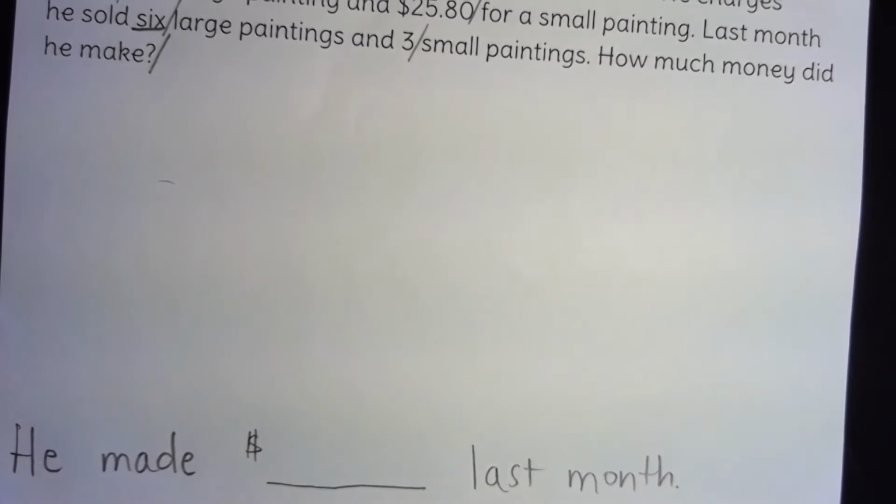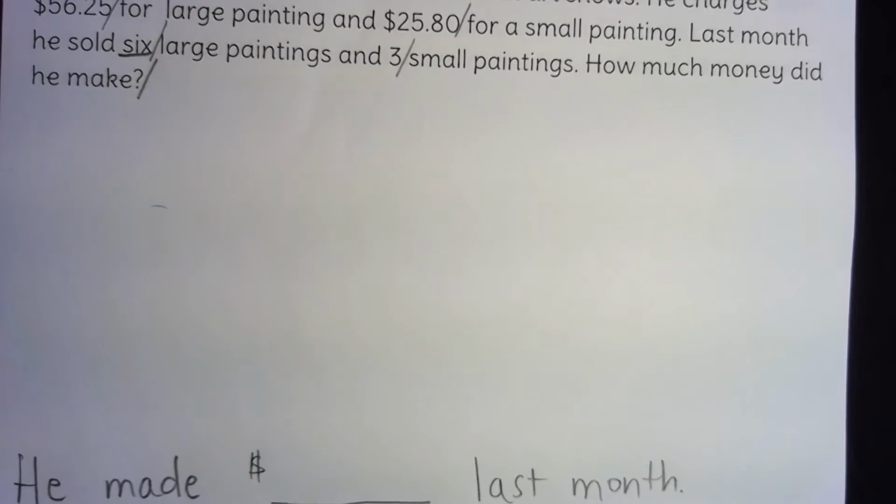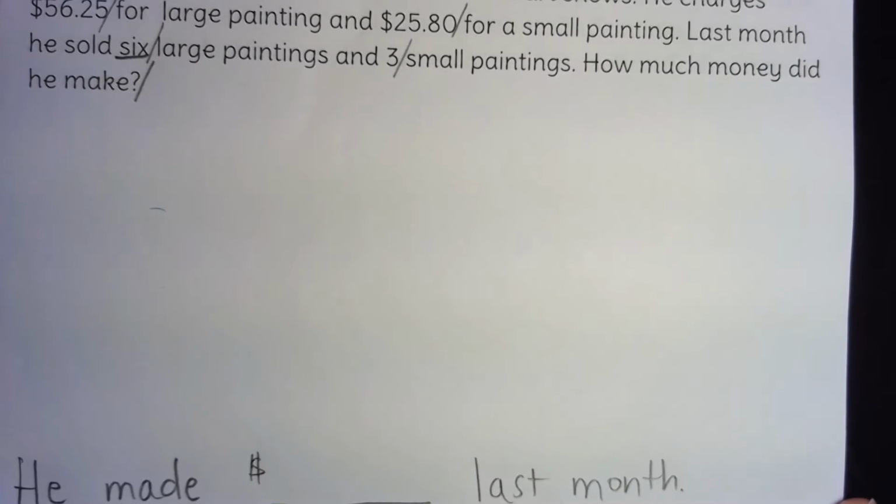Okay, so here's what I know. I know there's a guy named Calvin, and he's an artist, or an artiste, if you want to say it fancy schmancy. And we know he paints 2 types of paintings, large and small. The large one he makes $56.25 for, and if he sells a small painting, he makes $25.80 for a small one. So we know last month he sold 6 large ones, and he sold 3 small ones as well.